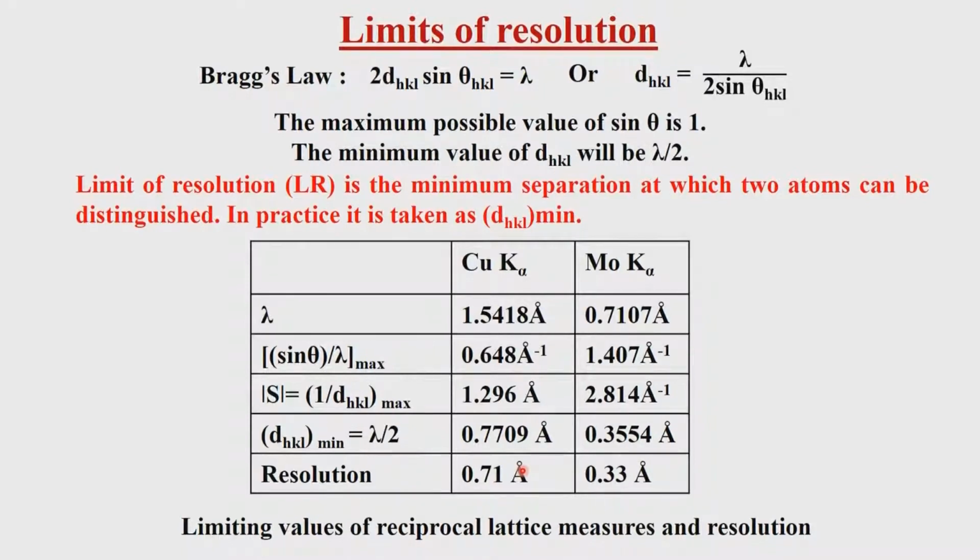Now, as we cool the crystal, if we go down to, let us say, 100 Kelvin, there is a little contraction of the cell. Since there is a contraction of the cell, there is an expansion of the reciprocal lattice. The expansion of the reciprocal lattice will allow us, if we can get into these kinds of limits associated with the d max and d HKL minimum, to access more and more data.